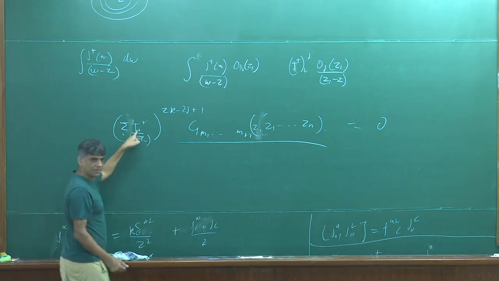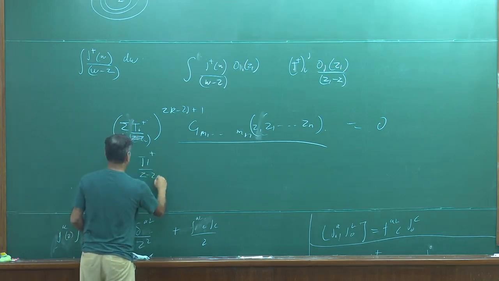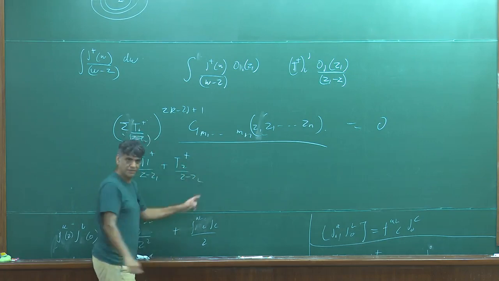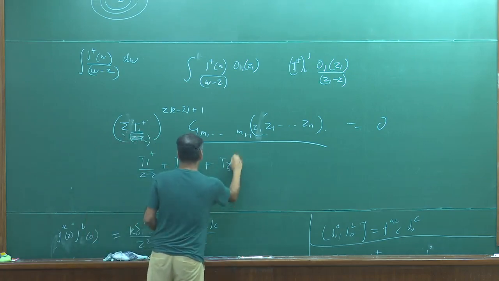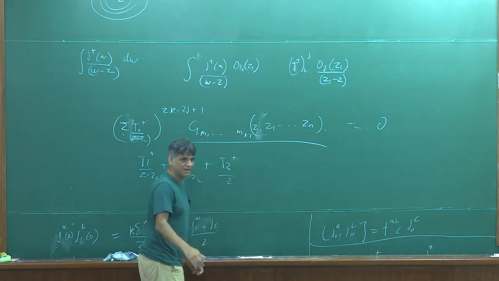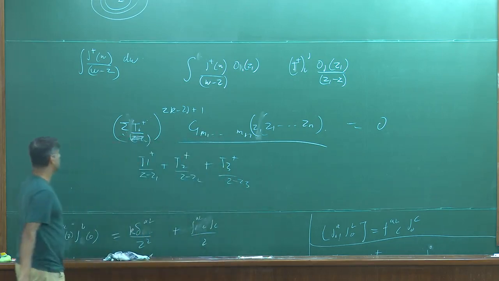Let me write this out. This is T1 plus over Z minus Z1, plus T2 plus over Z minus Z2, plus T3 plus over Z minus Z3, say there were only 3. I thought these individual terms would be raised to the power 2k minus 2j plus 1.